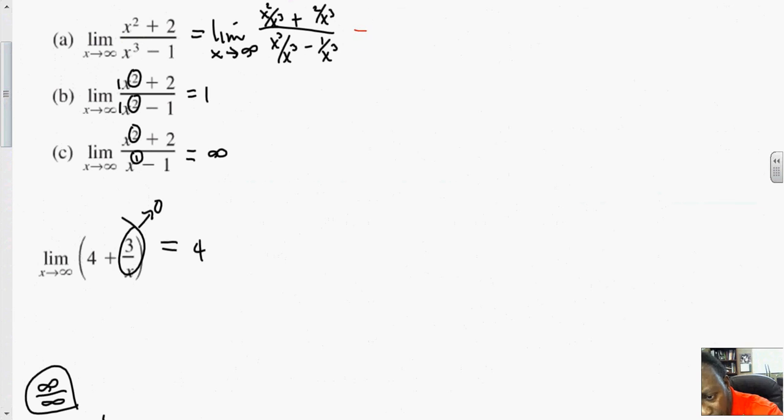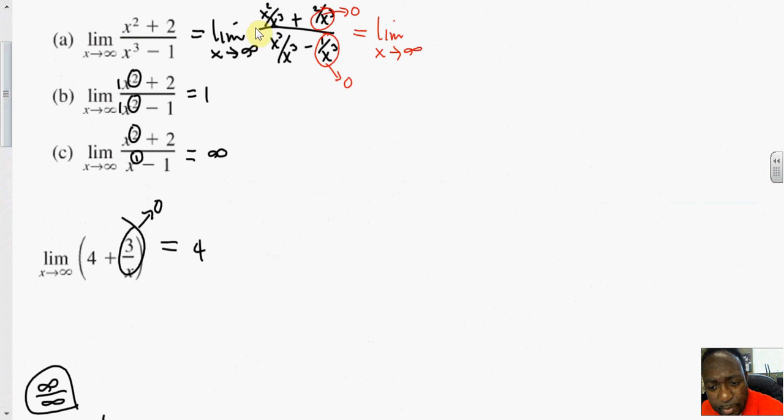Now we simplify. This is the limit as x goes to infinity. Here, this 1 over x cubed as x goes to infinity goes to 0. 2 over x cubed as x goes to infinity also goes to 0.